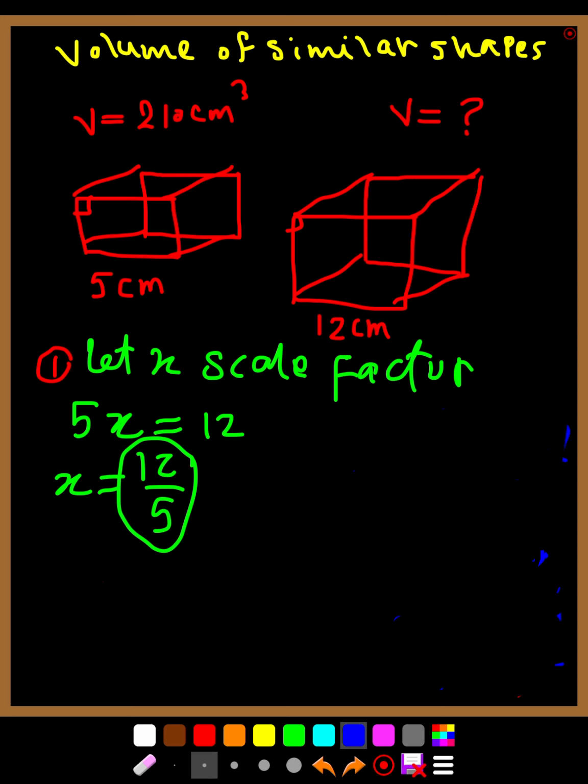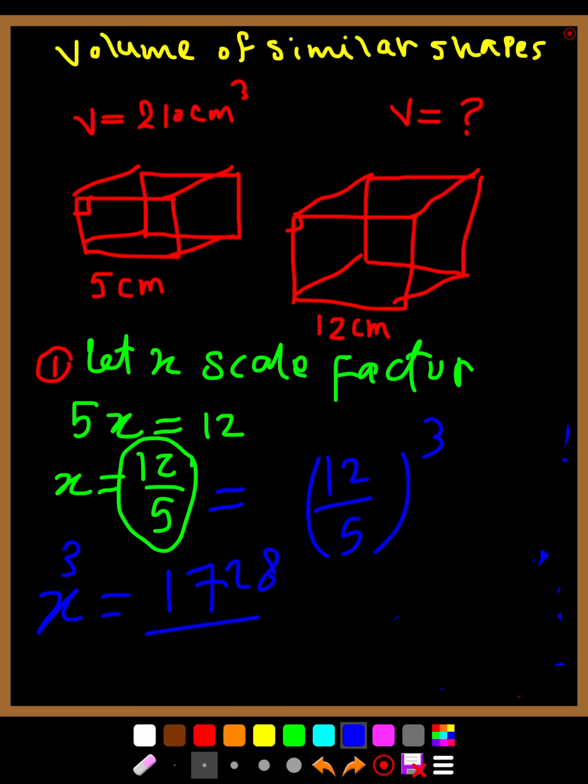That is 12 times 12 times 12, which is 1728, divided by 125.